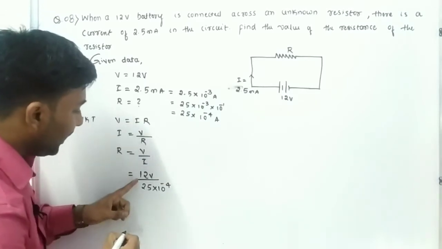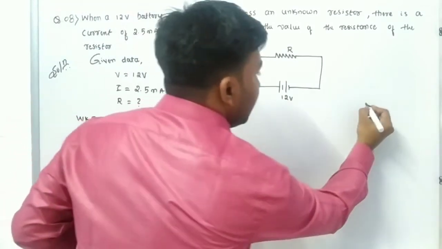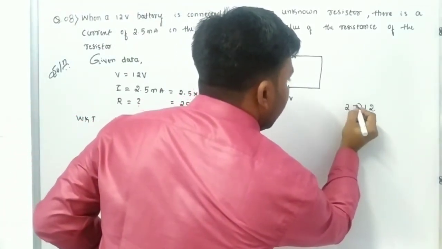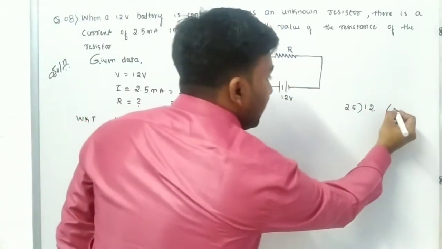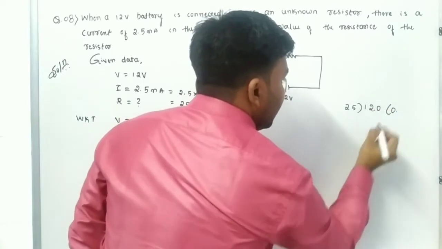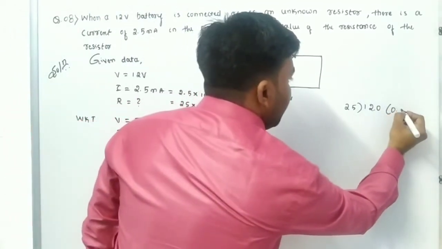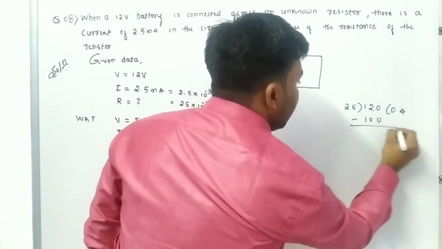Now we have 12 divided by 25. Take one point, it is 120. 25 fours are 100.